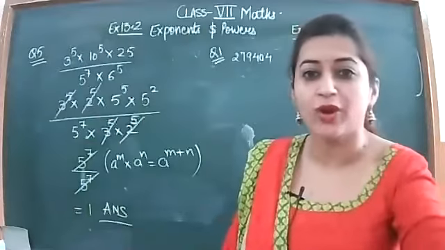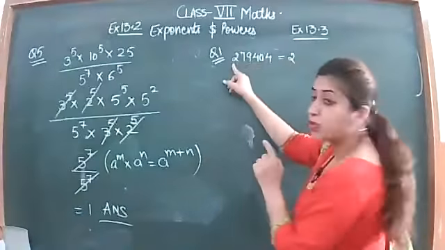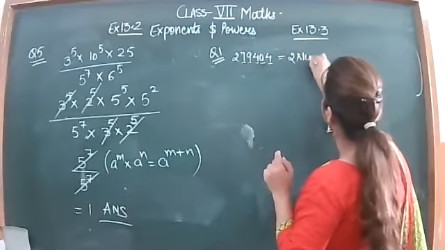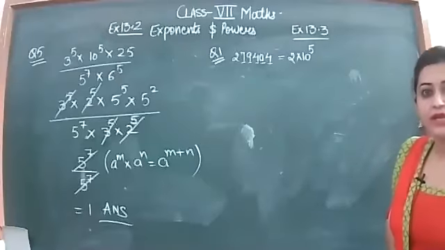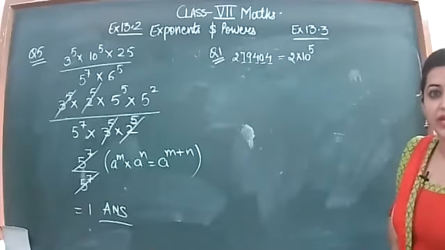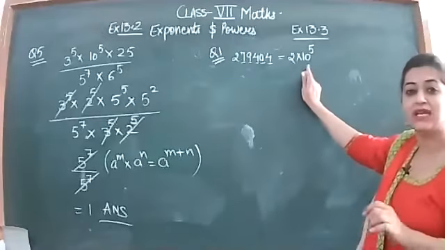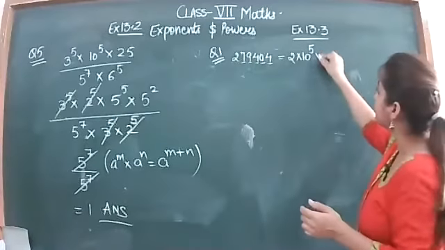This expanded form you have already done in the junior classes. 2 has 1, 2, 3, 4, 5 numbers after it, so it will be 10 raised to power 5. Is it okay? 2 is at the lakh place, so we have 5 zeros. So 2 will be multiplied with 5 zeros.